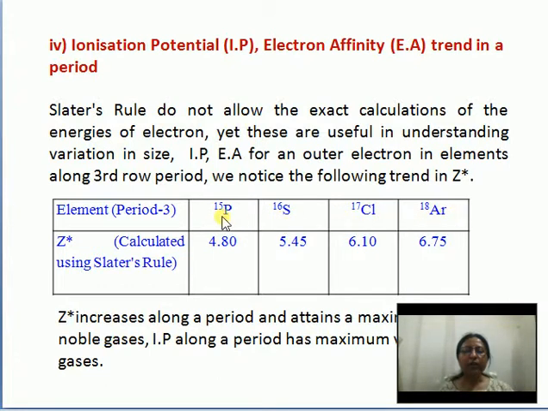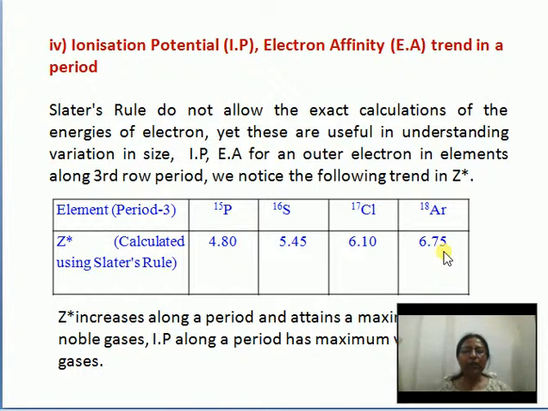You can calculate the effective nuclear charge for these atoms and you will be able to get these values, and you see here for phosphorus it is 4.80, for sulfur it is 5.45, for chlorine this is 6.10, and for argon this is 6.75. So you can see very well that the Z star value is increasing as we are going left to right in a period.